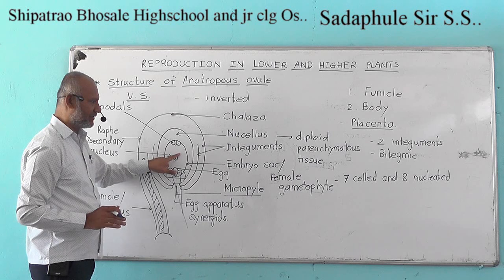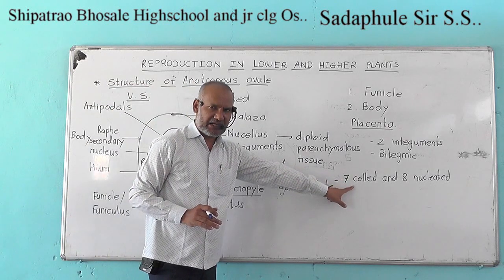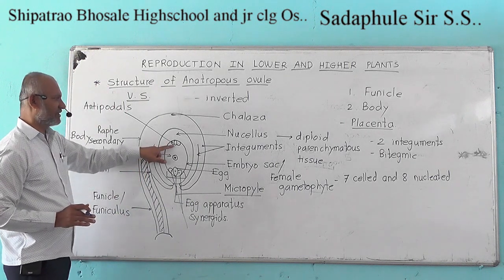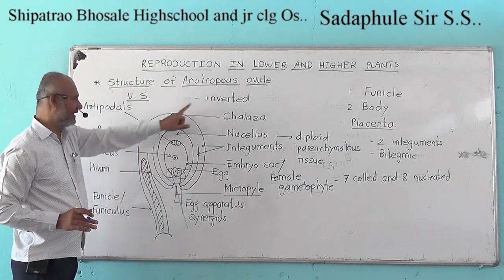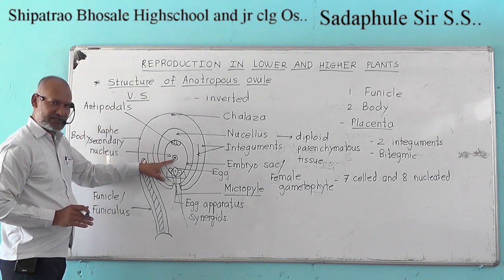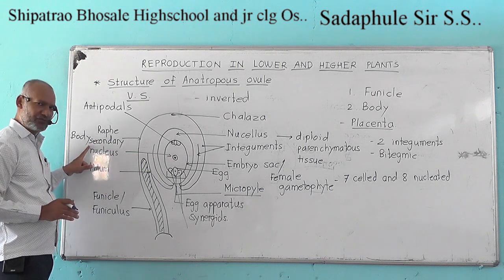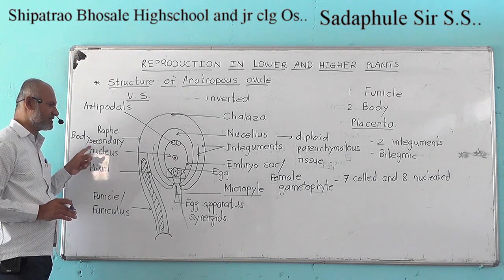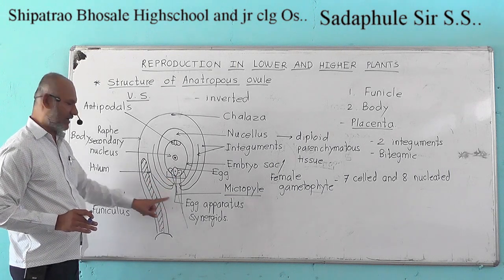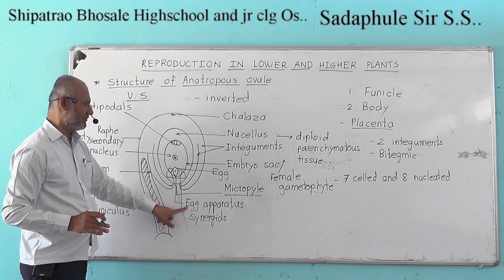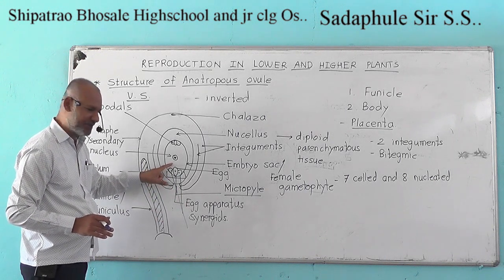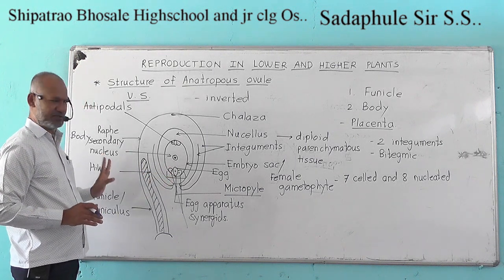Then embryo sac is 7-celled and 8-nucleated. 3 cells present toward chalazal end are termed as antipodals. Central diploid cell is termed as secondary nucleus or definitive nucleus, and 3 cells towards micropylar end are termed as egg apparatus, which consists of central large egg or female gamete and 2 lateral synergids.